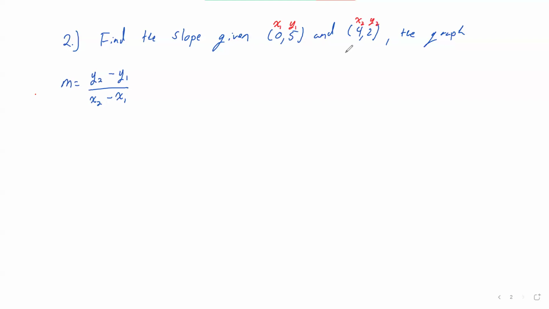A lot of students want to skip this step, but I do feel like this is a very important step because after that, you're just plugging in. So my y2 in this case is 2 minus, because it's part of the formula, y1 is 5 divided by x2 is 4 minus, because it's part of the formula, x1 is 0.